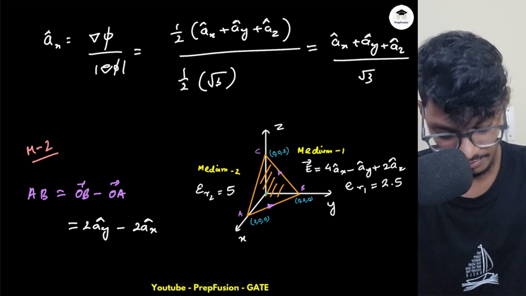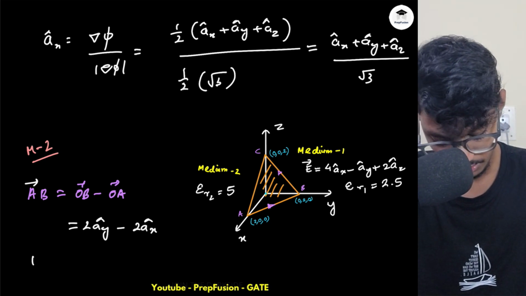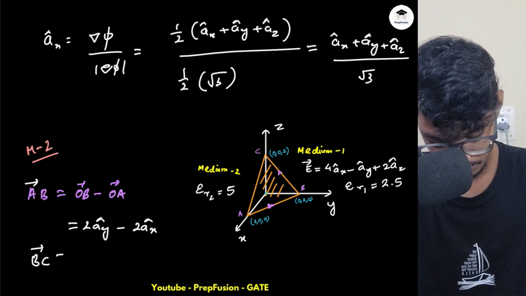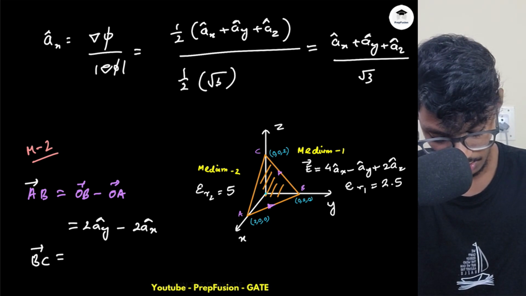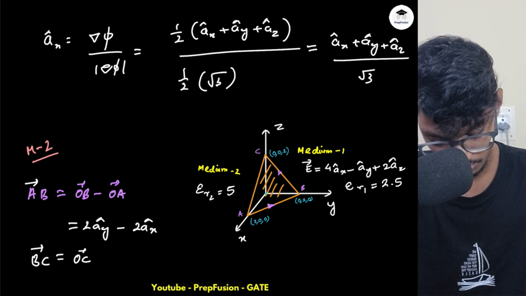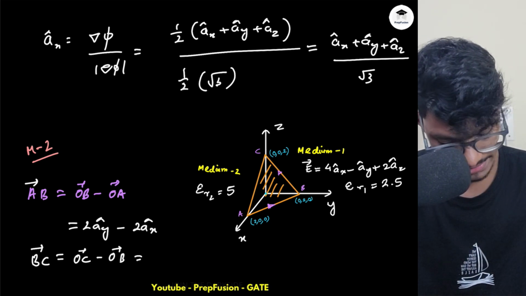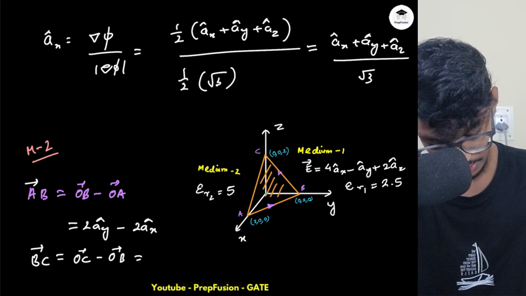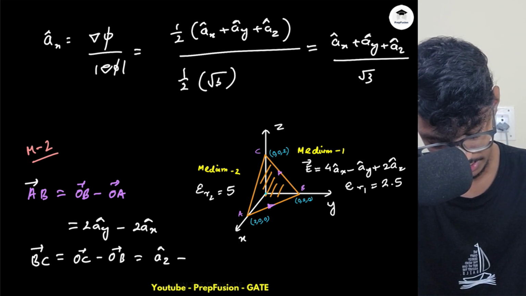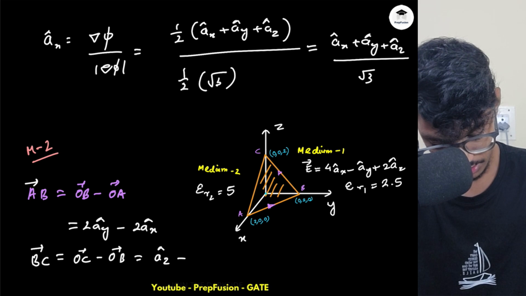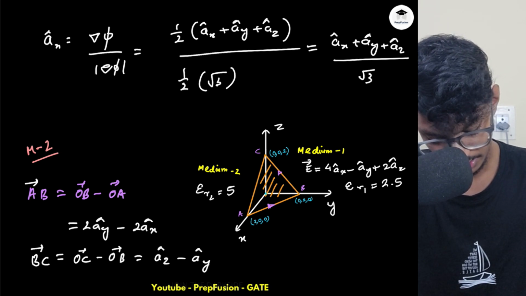So this is my AB vector, and my BC vector is OC minus OB. Okay, so OC is this, AZ cap, in the AZ cap direction, minus OB, which is in the AY cap direction, correct?